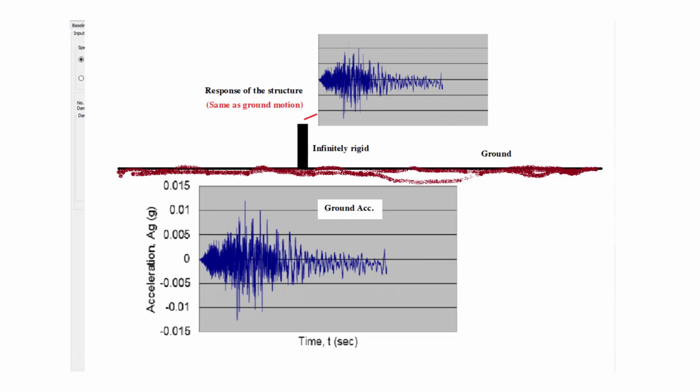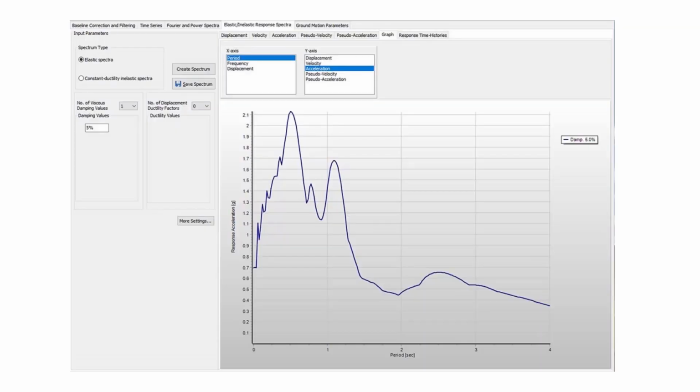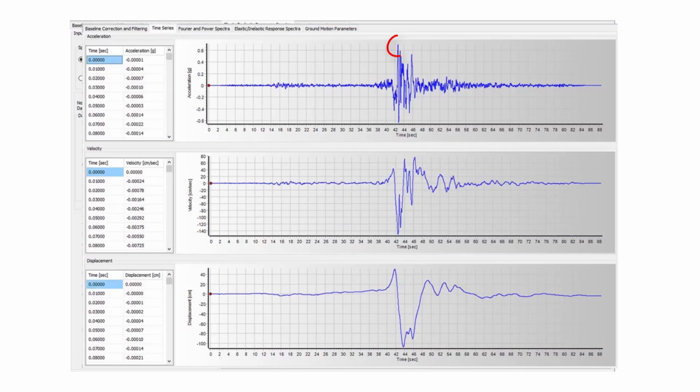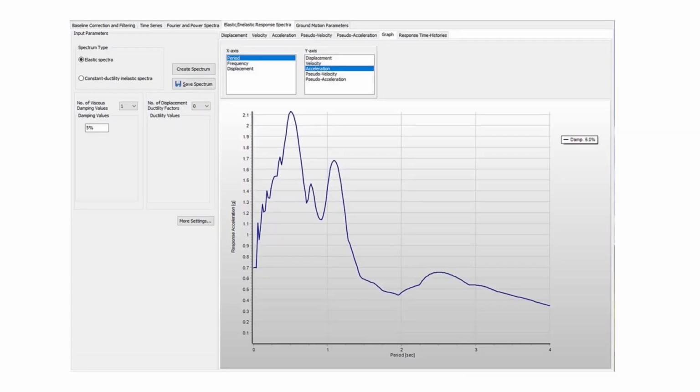Now, if you see the graph here, the spectral acceleration value against the zero natural period is around 0.7 g, and this 0.7 g value is also the PGA recorded at the station. So that interprets that the structure with extremely high rigidity has almost the same PGA and spectral acceleration value.